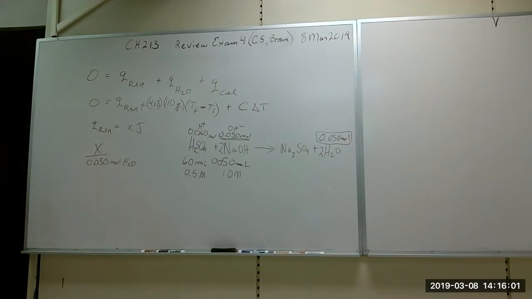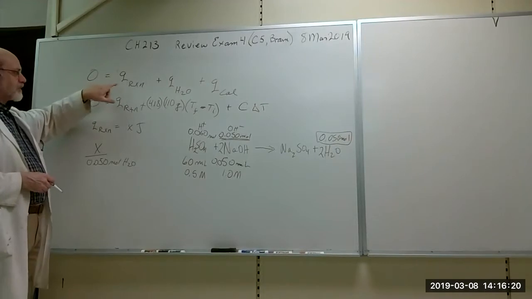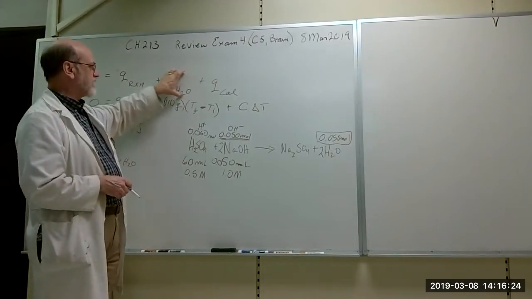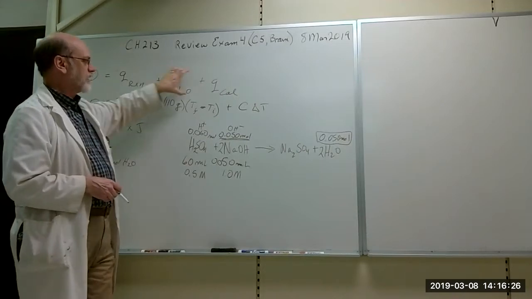Did I lose you? I almost lost myself. Because I only do this once a semester, and it kind of fades. Okay, so this is standard stuff. You have Q for the reaction, and then you're actually measuring the heat in terms of water and the calorimeter.